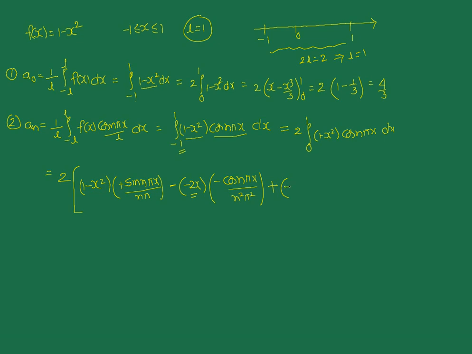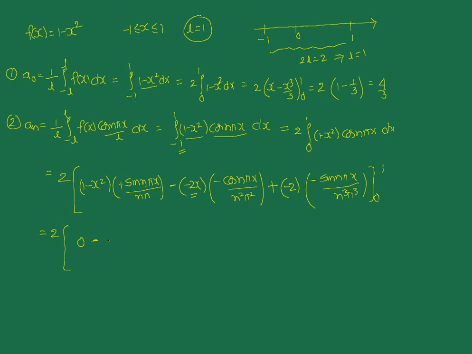Differentiation is minus 2, and minus 2 into the integration of cos n pi x is sin n pi x by n cube pi cube, between the limits 0 to 1. So if you substitute 1, 1 minus 1 square is 0, 0 into something is 0. Minus into minus is plus, plus into minus is minus, therefore you will get minus.